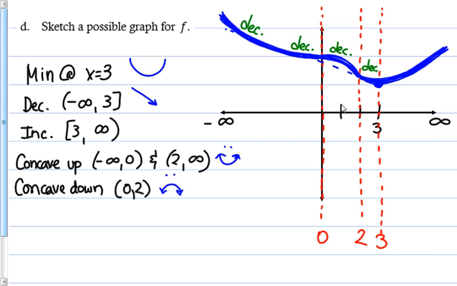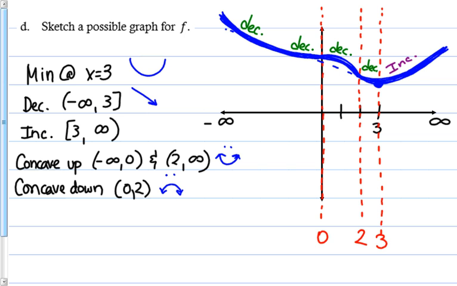It's not a perfect drawing, but that part of the graph up to 3 looks like it's decreasing. That's very important. And then from 3 to infinity, it has to look like it's increasing. And I think it's very clear that it does look like it's increasing. All right. So let's see.